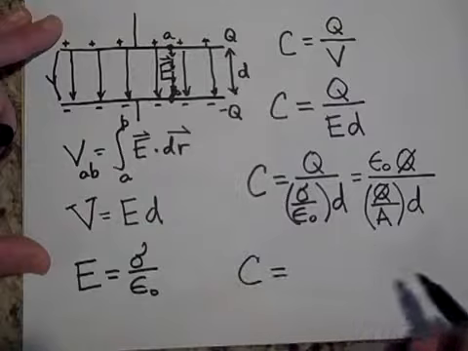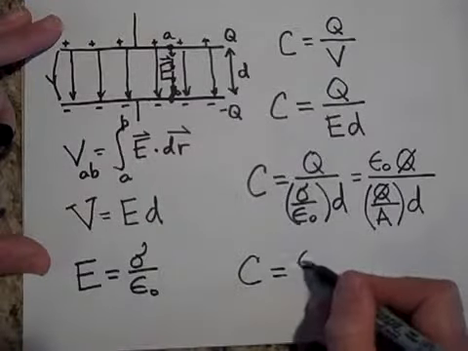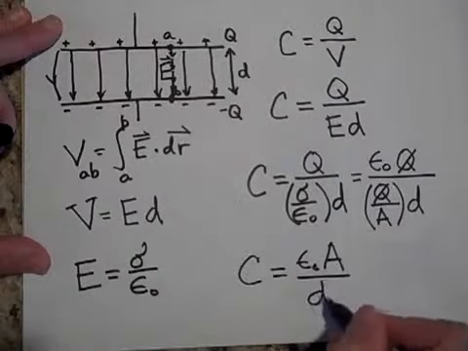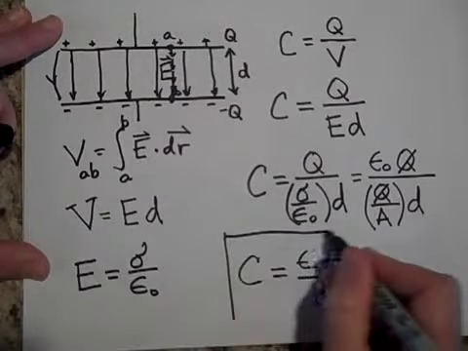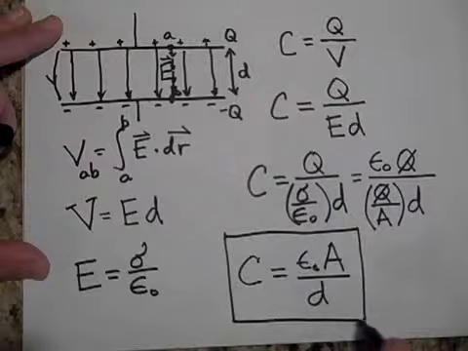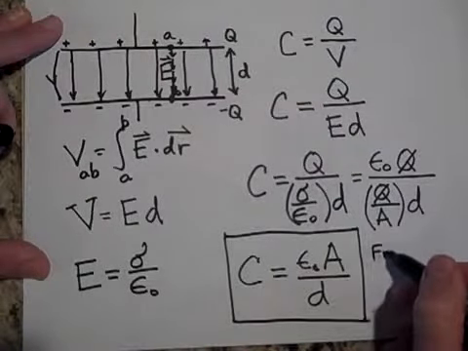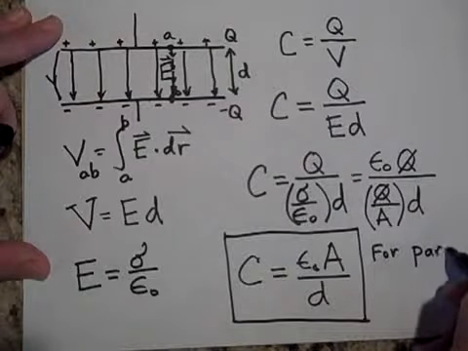So the capacitance for a parallel plate capacitor is going to be C equals epsilon naught A over d. Now don't try and use this for every capacitor. This is only for parallel plate capacitors.